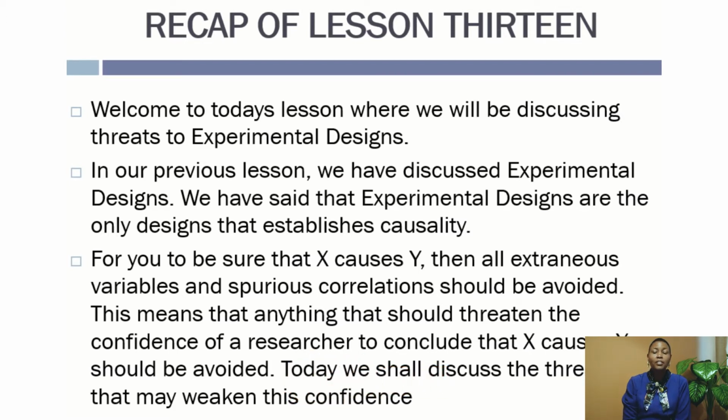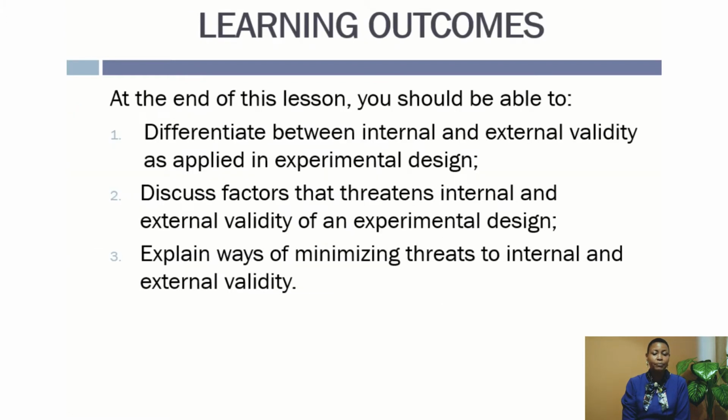These are the ones that are called threats to validity of experimental design. Before then, let us look at the learning outcomes of this lesson. At the end of this lesson, you should be able to, one, differentiate between internal and external validity as applied in experimental design.